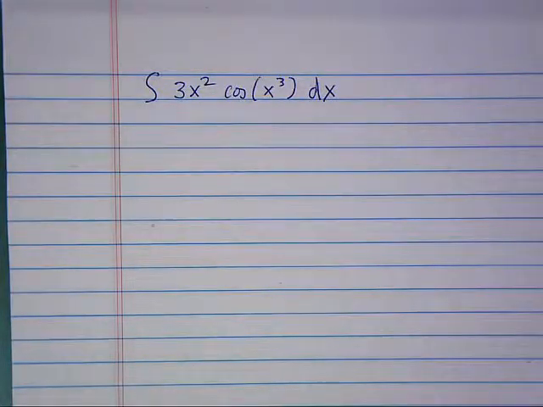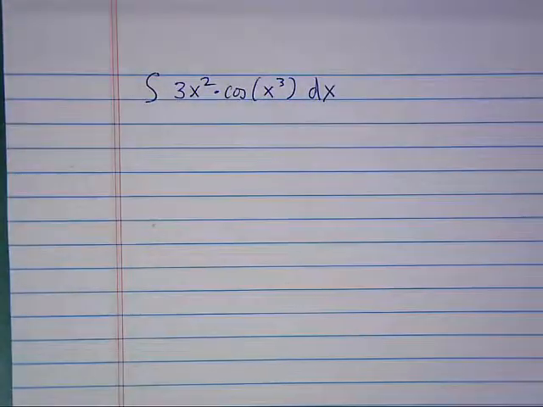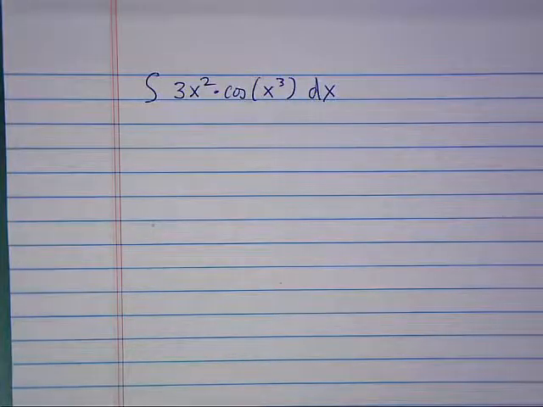The first thing I notice in this problem is it has multiplication. When am I going to use u substitution? I'm going to use u substitution almost any time my antiderivative has multiplication or division involved. Why? Do we have a product rule or a quotient rule for antiderivatives? No, we only have those for derivatives.